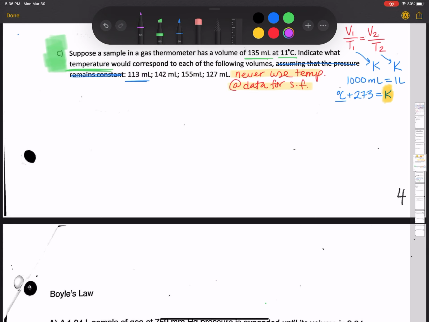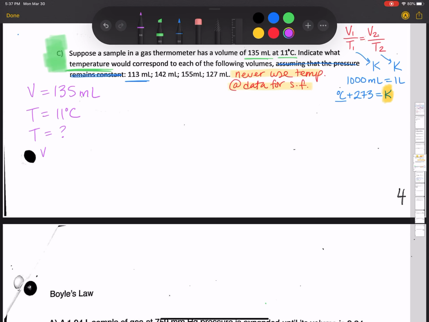It says suppose a sample in a gas thermometer has a volume of 135 milliliters. So I know that I have a volume of 135 milliliters, and I know that my temperature is 11 degrees Celsius. I'm now going to look for the temperature because it says indicate what temperature. So now I'm going to look for my temperature that's going to correspond to each of the following volumes.